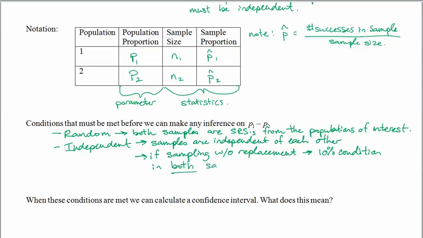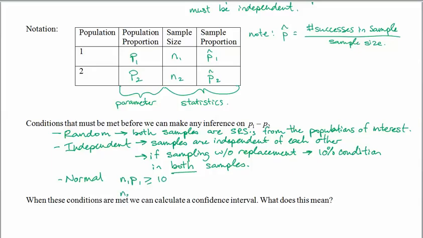And finally, normal. We need to check for both that NP is greater than or equal to 10. So N1 P1 is greater than or equal to 10, and N2 P2 is greater than or equal to 10.